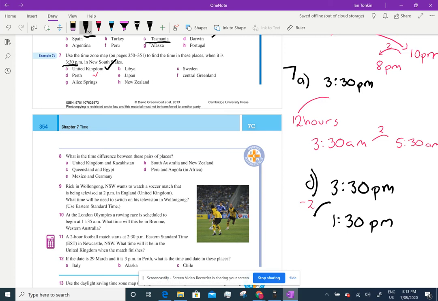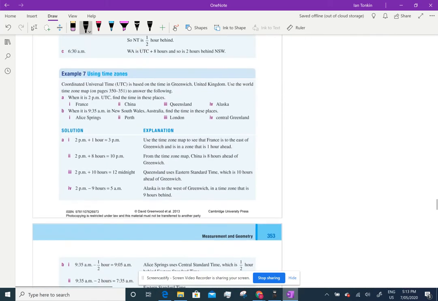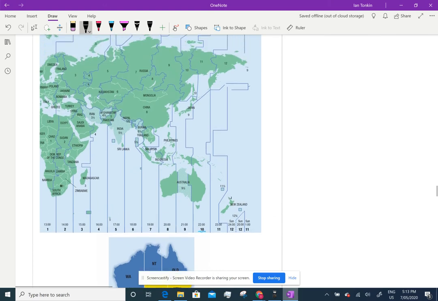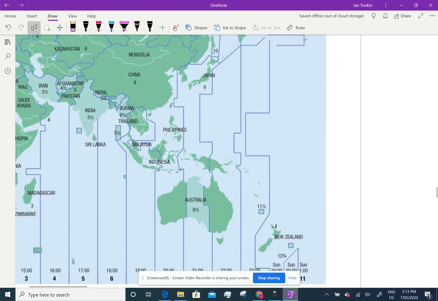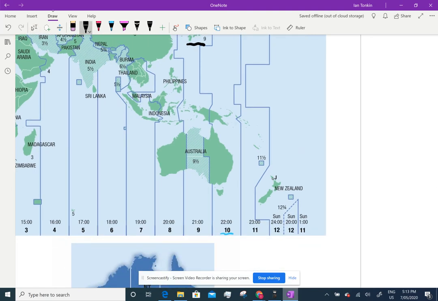We talked about New Zealand. Let's have a look at Japan. All right, so we'll go and have a look. Where is Japan in the time zone? So Japan's just above us. There's Japan. It's 9 hours. So it's only 1 hour behind New South Wales.